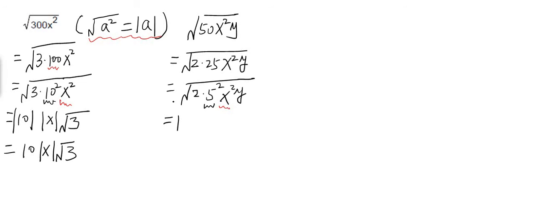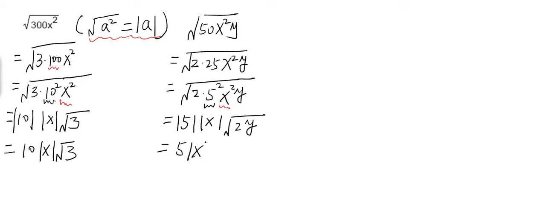Square root of 5 squared is the absolute value of 5, and x squared is the absolute value of x, and the left two terms are 2y. Now since 5 is positive, we don't need the absolute sign. And x is unknown. We're not sure if it is negative or positive, so we keep the absolute value.